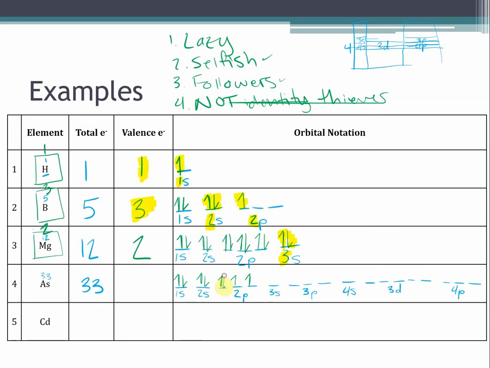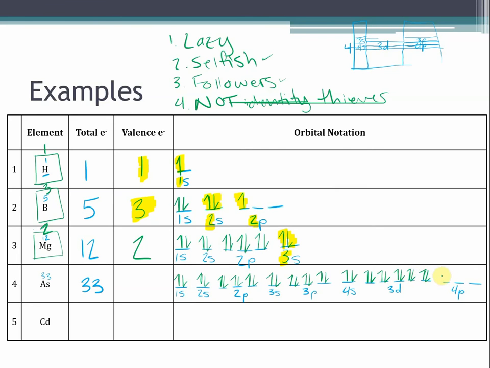Build good habits. 8, 9, 10, 11, 12, 13, 14, 15, 16, 17, 18, 19, 20, 21, 22, 23, 24, 25, 26, 27, 28, 29, 30, almost there.